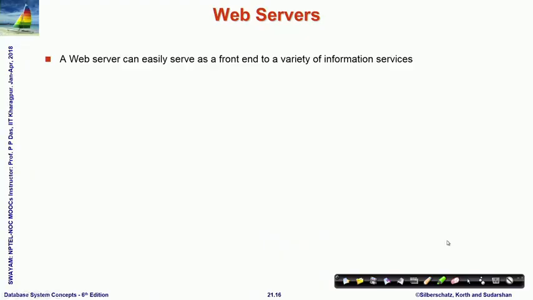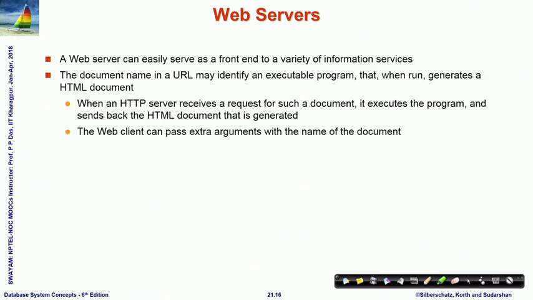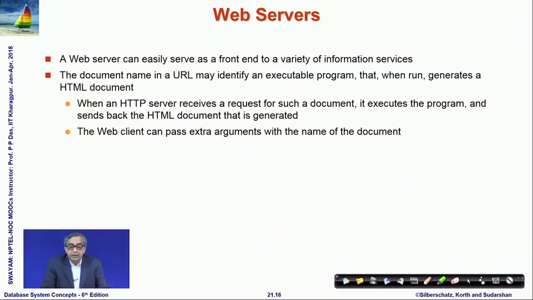You can learn a little bit more about that and get familiar with it. A document name in a URL may identify a program that generates HTML. At the URL in the web server, you can either have an HTML which we say is a static HTML, or you could have a program which runs when you send the request.